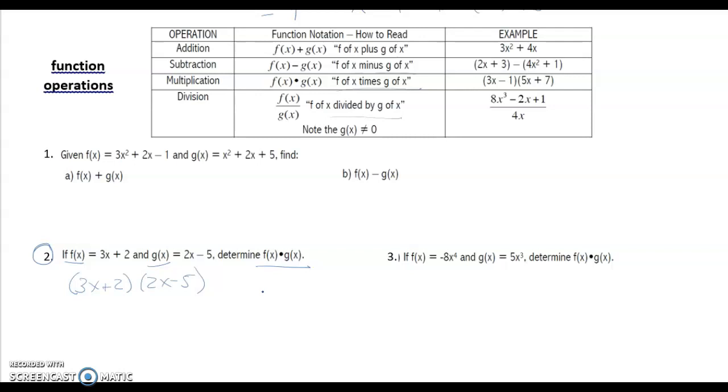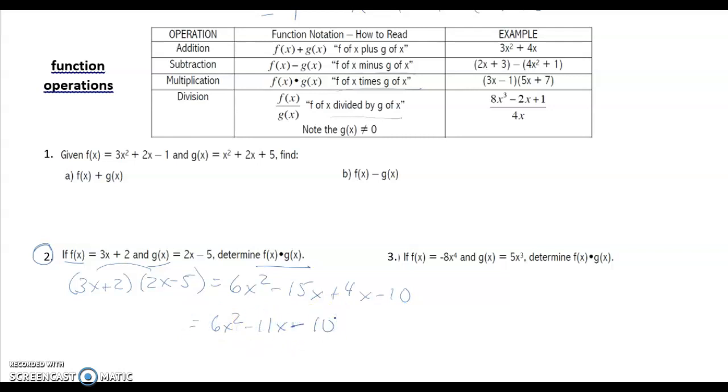It's all the same thing, it's just a matter of what Algebra 1 teachers call it. So I'm just going to write out your solution here, right? So many of you think of it like this. So we're at 6x squared minus 15x plus 4x minus 10. Be sure to simplify and combine like terms.